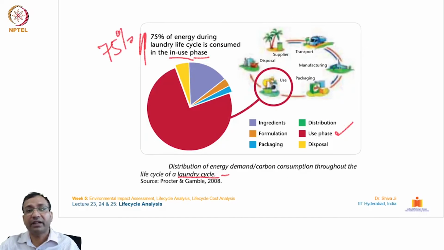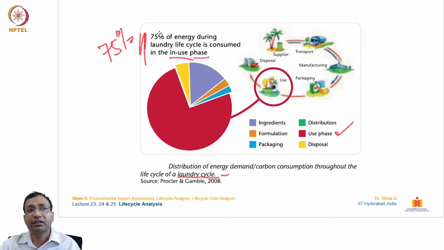Let's try understanding the LCA concept through different case studies. I have gathered a number of case studies from different manufacturing units and different product types, so we will try understanding them. Here the example is for laundry, the cloth washing activity.